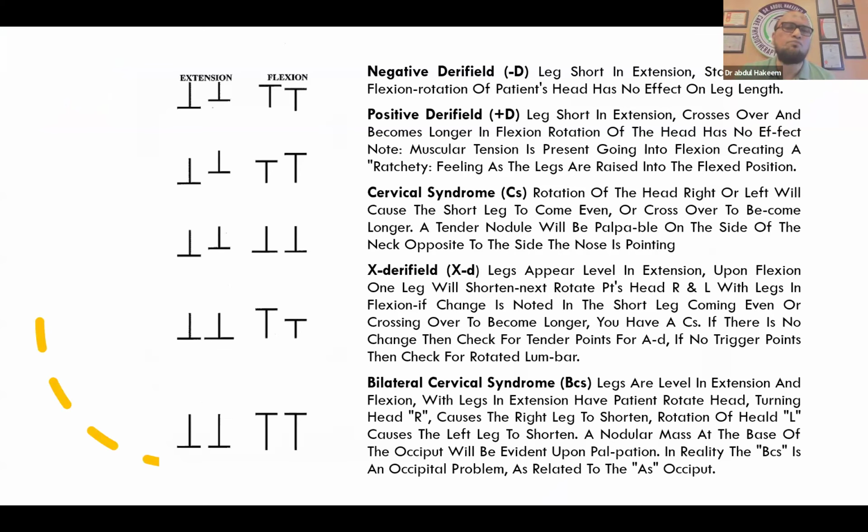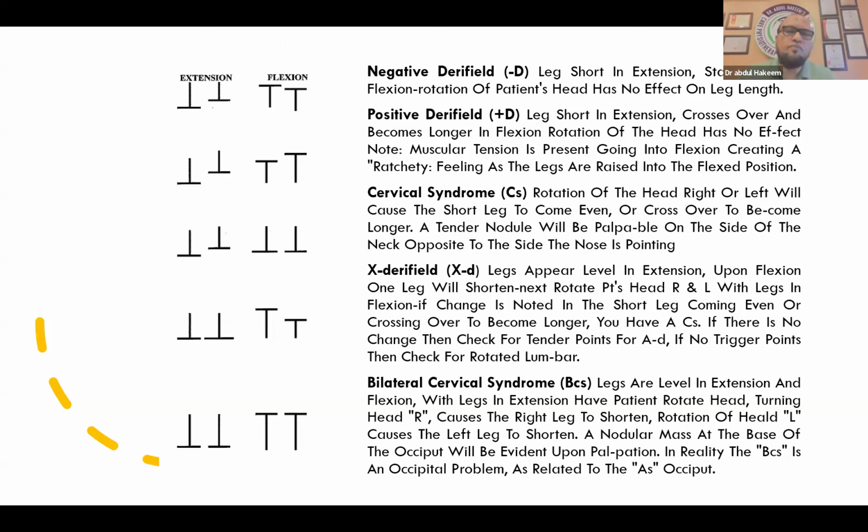If there is no C2 subluxation, look for rotation in the other vertebrae. Usually, with the extended leg, the patient rotates the head to one side. During the rotation to one side, the legs will become equal. If they are equal, that means it is a cervical syndrome.